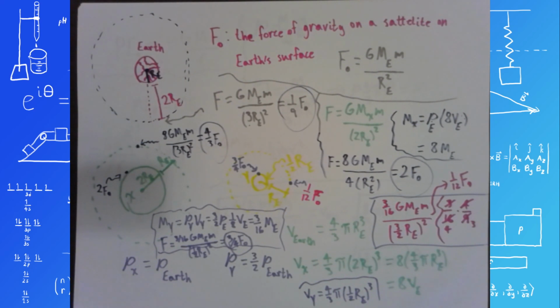If you want to make it even more interesting, you could also ask yourself to calculate, using Kepler's third law, things like the period of orbit relative to the radius of the orbit. You could do those kinds of calculations too if you wanted to add yet another twist to this sort of problem.